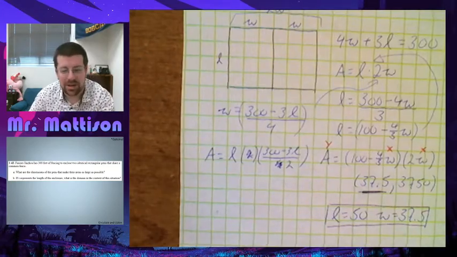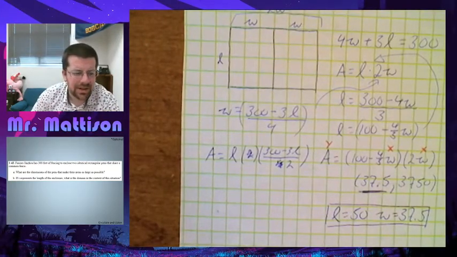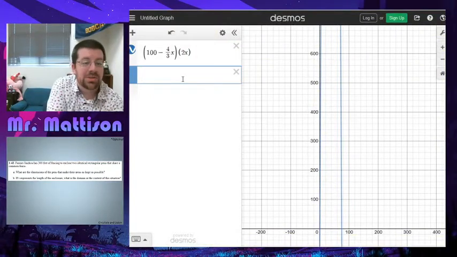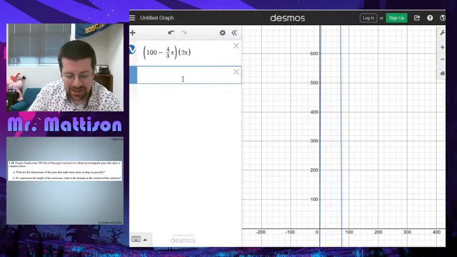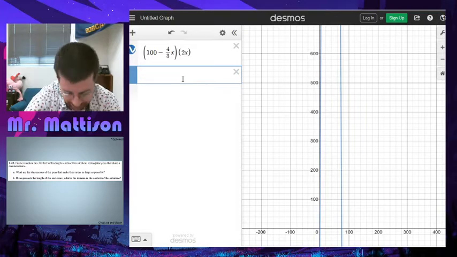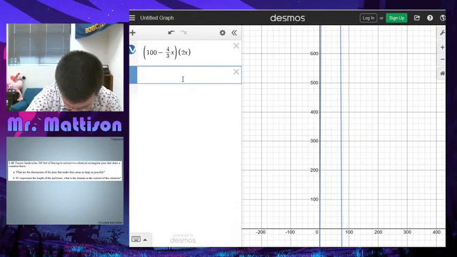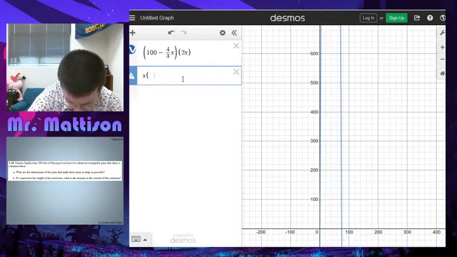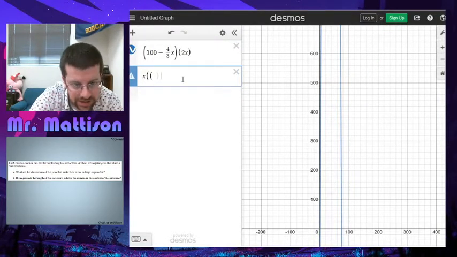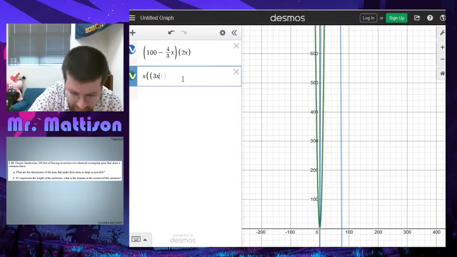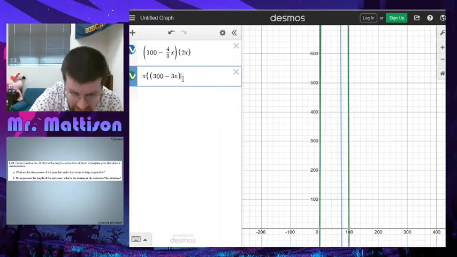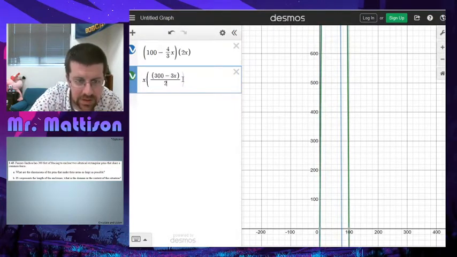So let's go ahead and graph that, just so that you guys can kind of see. That's partially on me, but hey, I'll use the x-axis, and now you can see it two different ways. I want x times, I should put that in parentheses again, 300 minus 3x over 2.